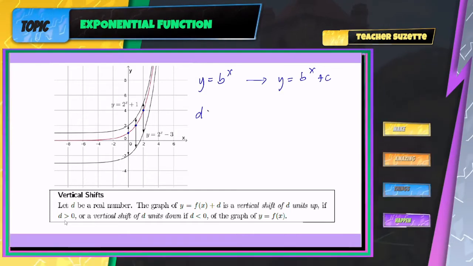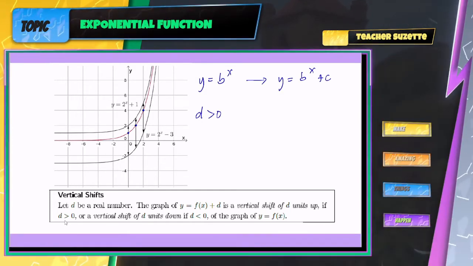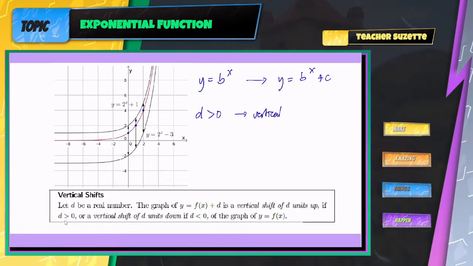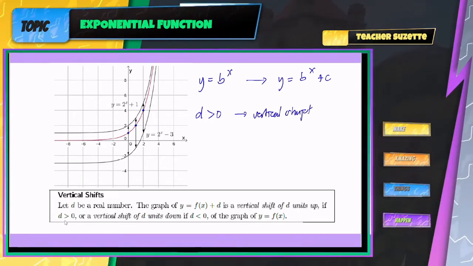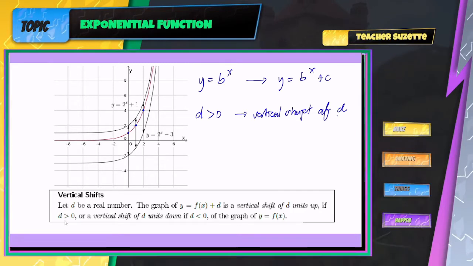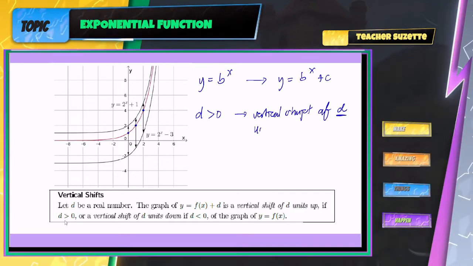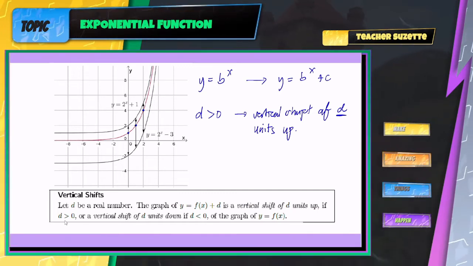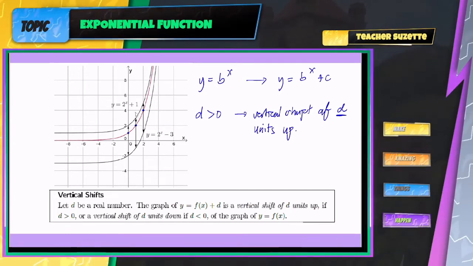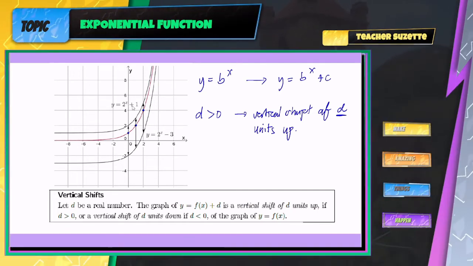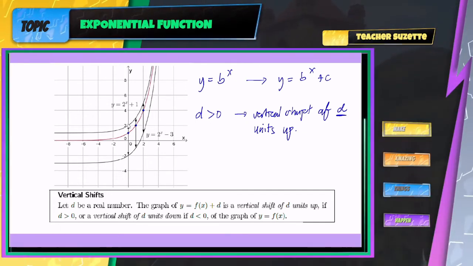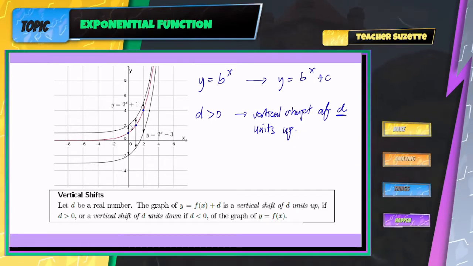So if d is greater than 0, we have a vertical shift of d, where the value of d gives the units up. For this case, 2 raised to x plus 1, our d is 1. That is why the shift is 1 unit up.